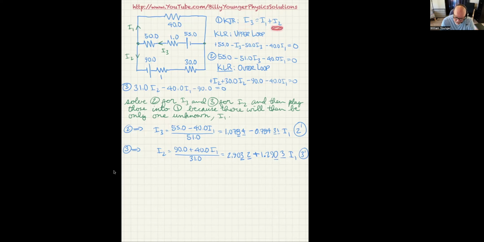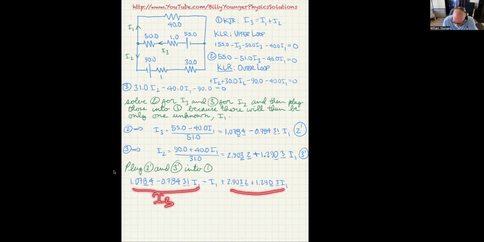So when I plug those in, as I tell here, you're going to plug 2 prime and 3 prime into 1. When I plug them in, I get this part for I3 and this part for I2. So you can see this equation came right down here, and this equation came right down here, and this is the I1 that already existed.